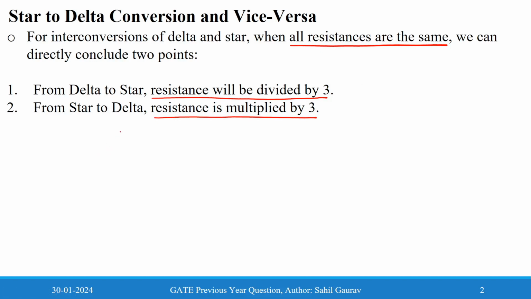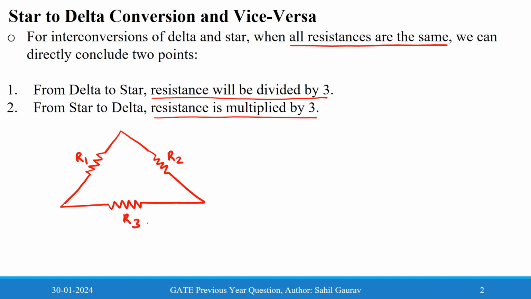Let us assume these 3 resistors are in delta configuration, and take them as R1, R2 and R3.